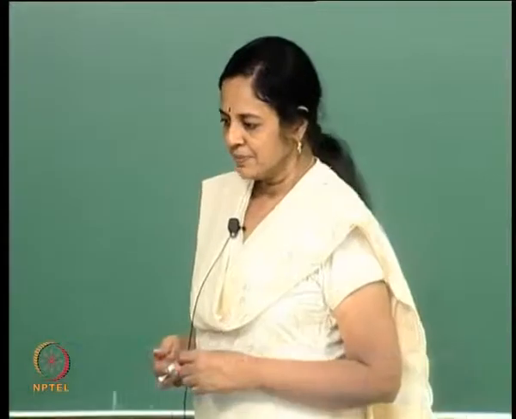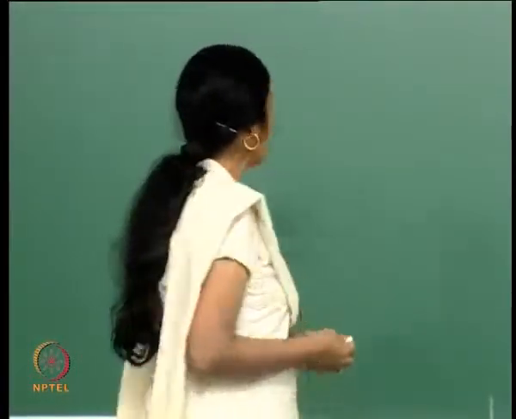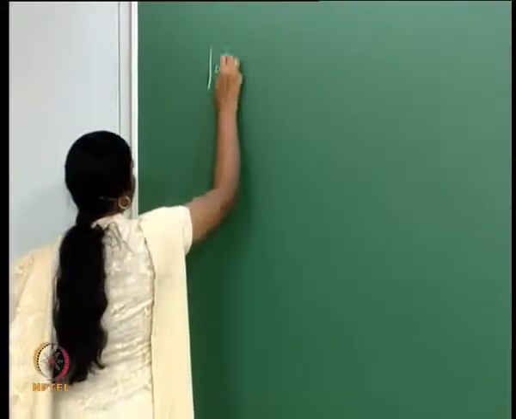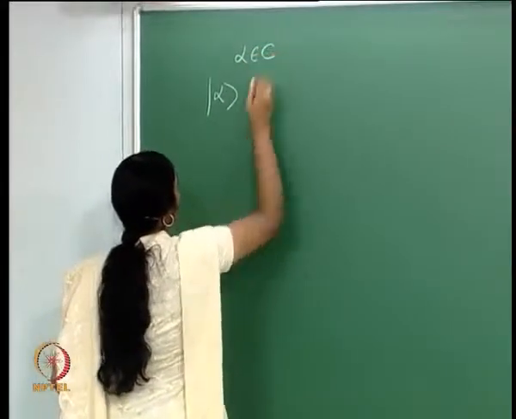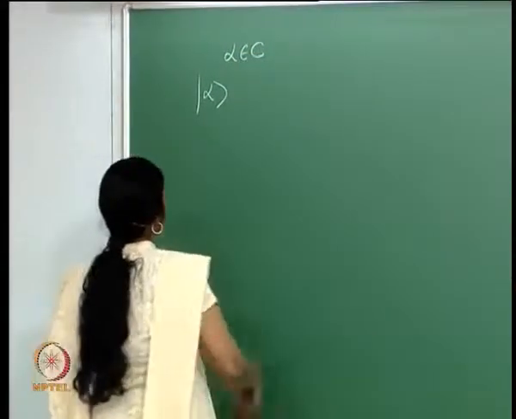Last lecture, I spoke about an interesting quantum superposition of the photon number states. The superposition is called the coherent state, and by way of recapitulation, the coherent state is represented by ket alpha, where alpha could be any complex number.